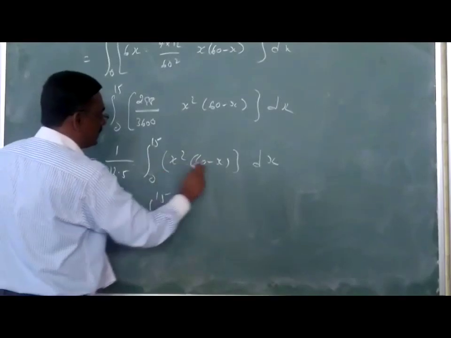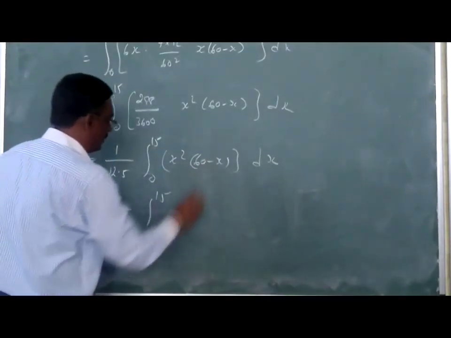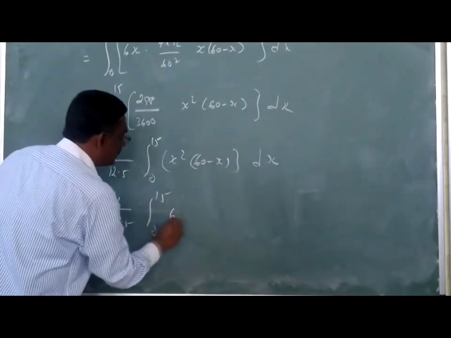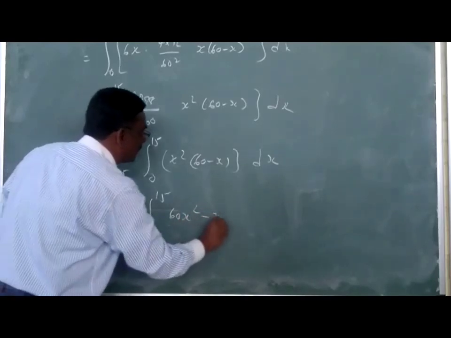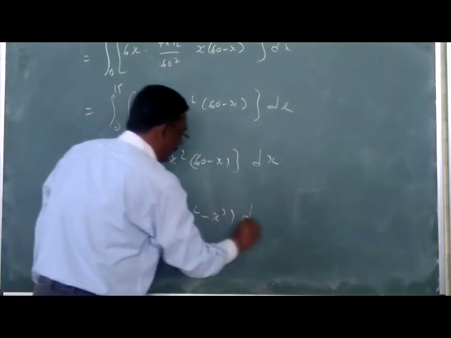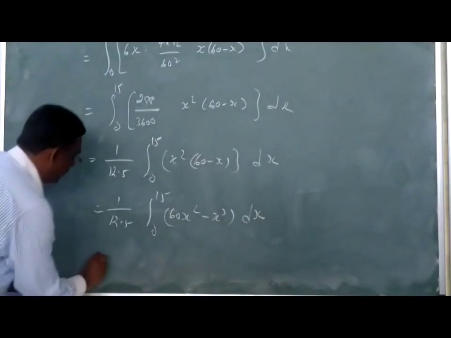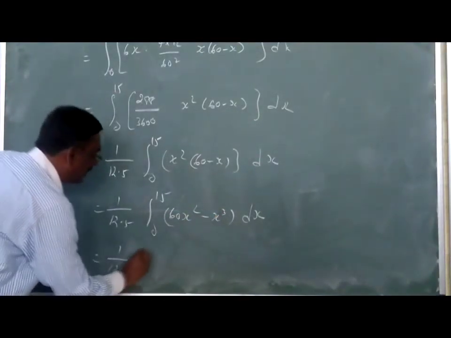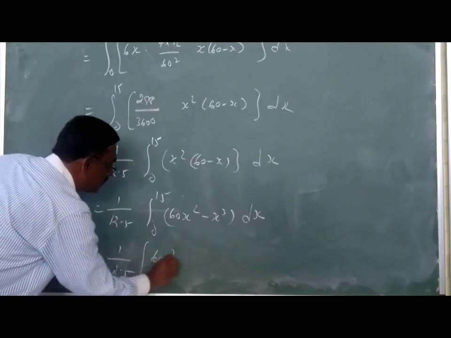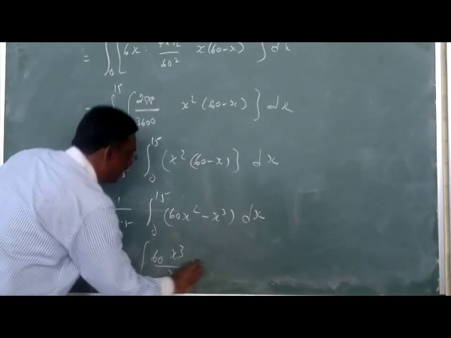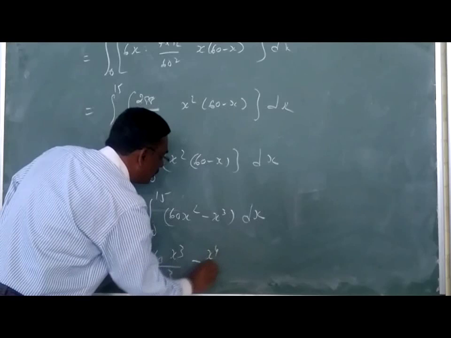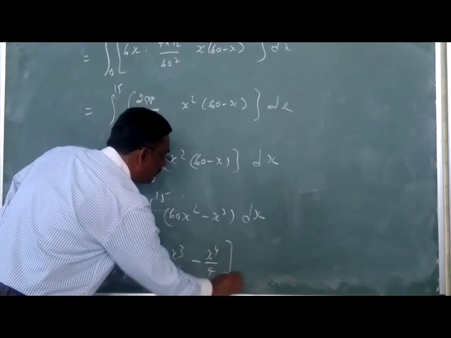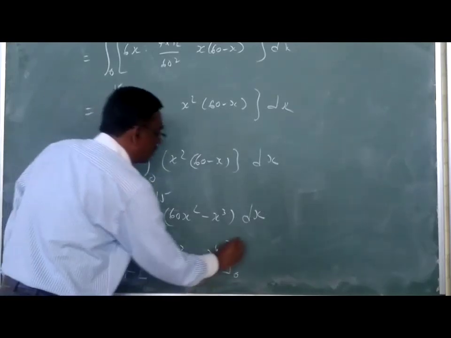Multiplying x square inside the bracket, it will be 60x square minus x cube, dx. So this will be 1 by 12.5. Integrating this, we get 60x cube by 3 minus x to the power 4 by 4, with the limits 0 to 15.